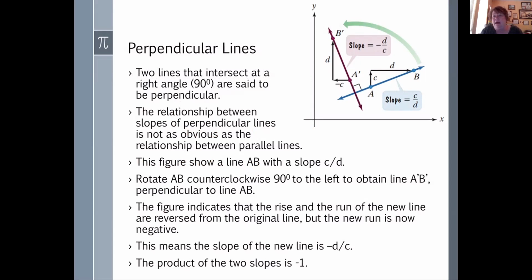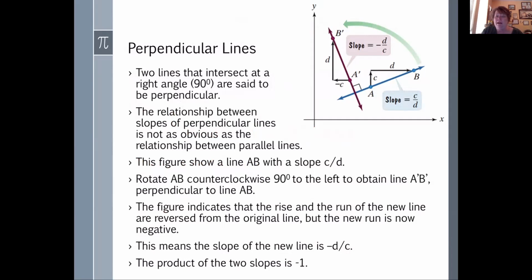Now we're going to take that blue line AB and we're going to rotate it 90 degrees. That's what the green arrow is showing. We've taken that line AB and we've rotated it 90 degrees. So now we've got a line with the points A prime and B prime. And now look what happens to the slope.